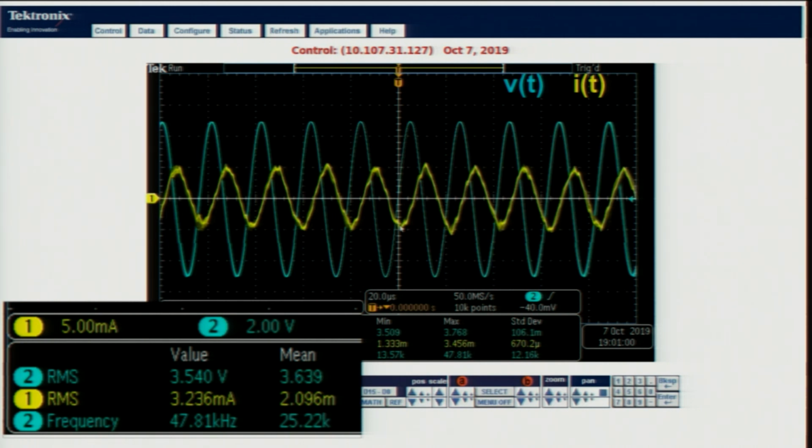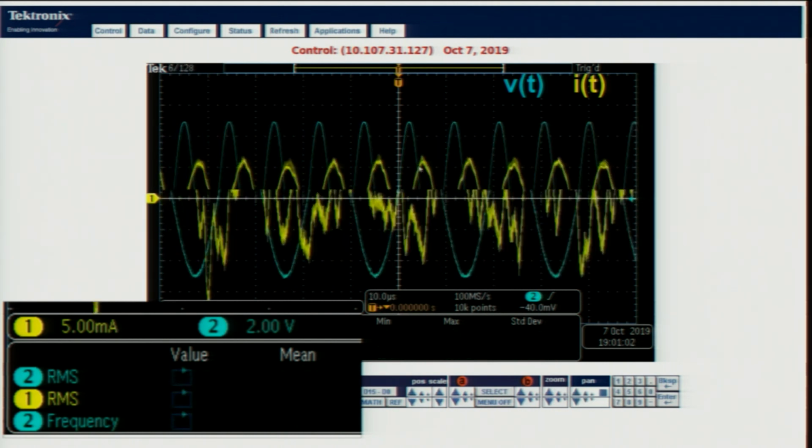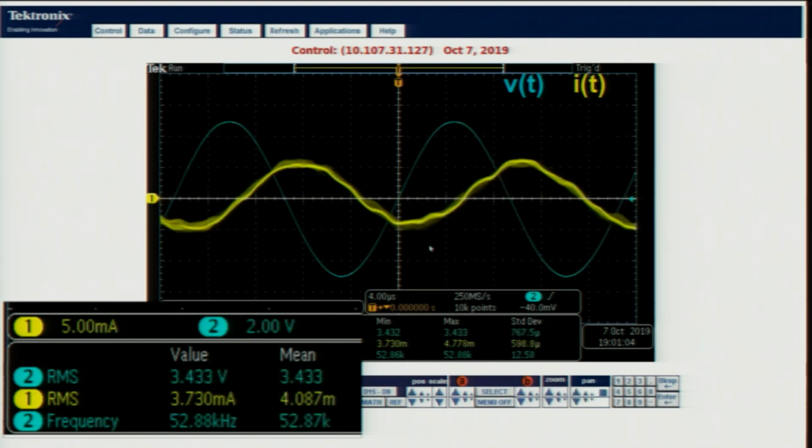What is shown on the screen is when the frequency is roughly 50 kilohertz, and as you increase the frequency even further, this particular transient occurs because we are changing the frequency. There is something called a natural transient, which is reflected when we make a sudden change to the frequency.